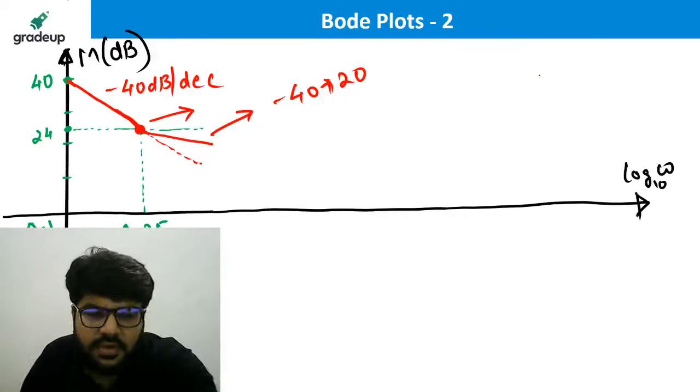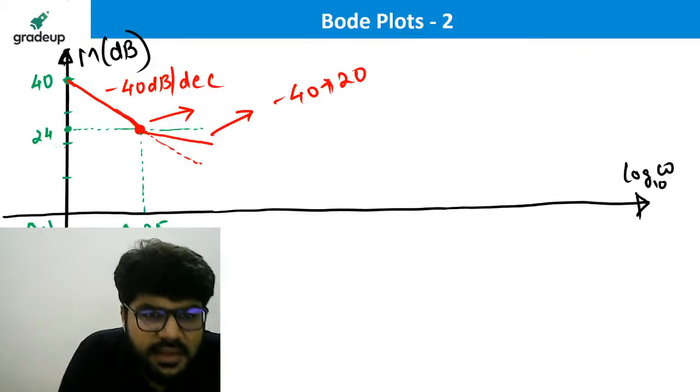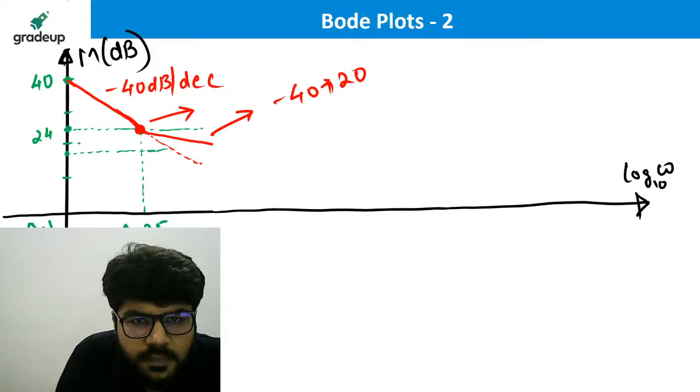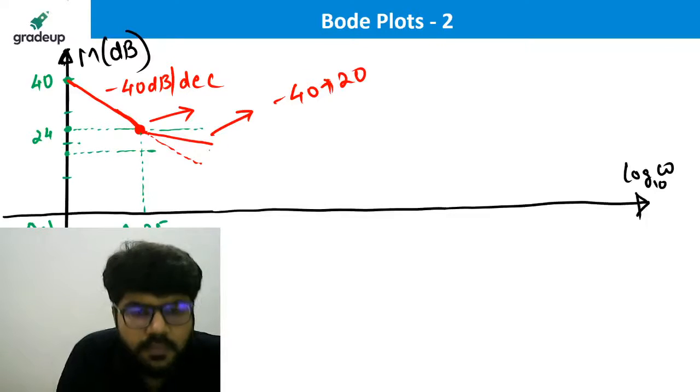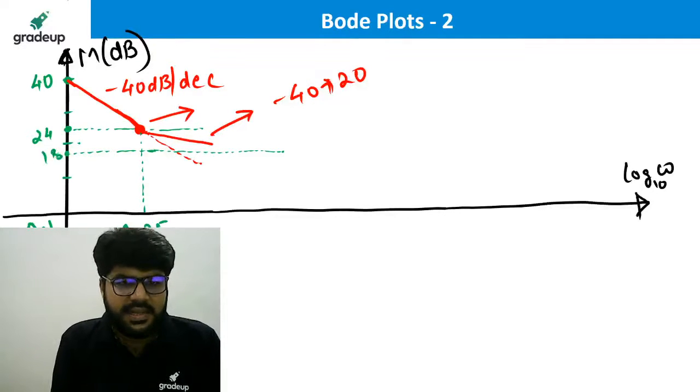So I will come back to the plot to highlight this. 18 dB. So this was my 20 and this is somewhere 18. This is my 18 line.